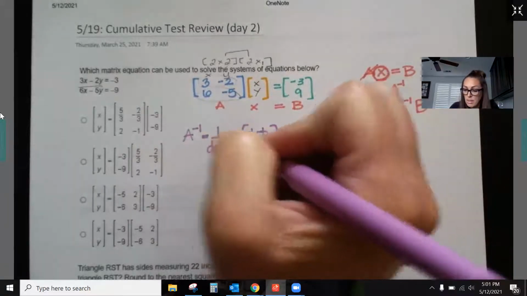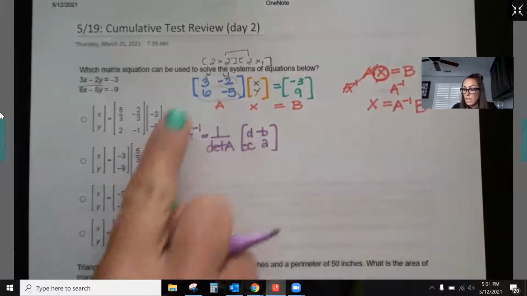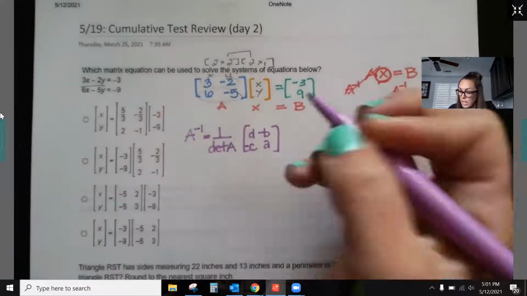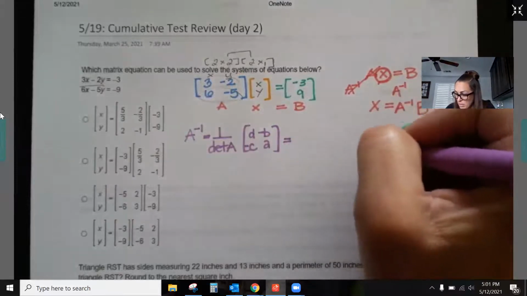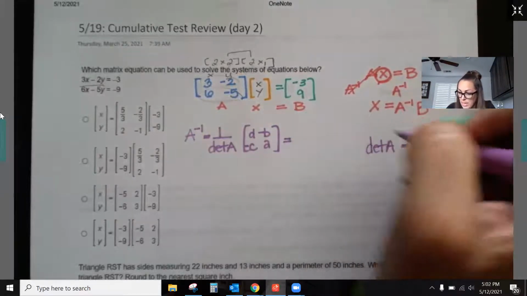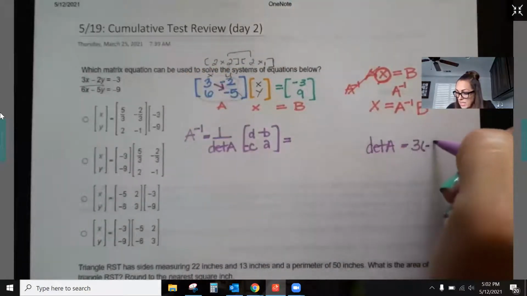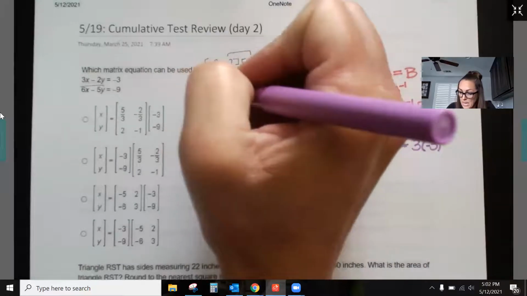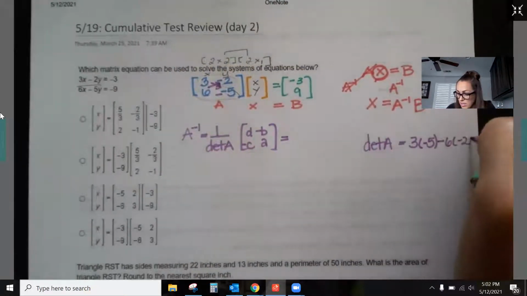So this becomes a negative and negative, the opposite signs of my B and C. So if I want to find the inverse of this matrix, my determinant, doing it off to the side here, is going to be 3 times -5 minus 6 times -2.